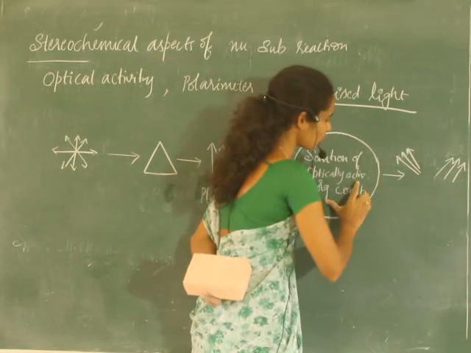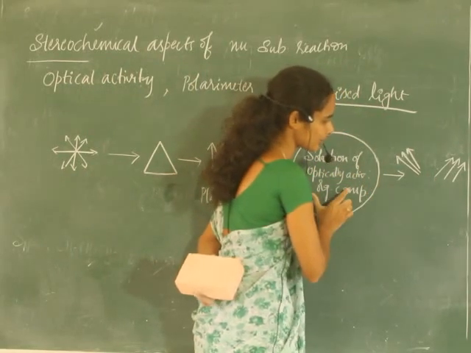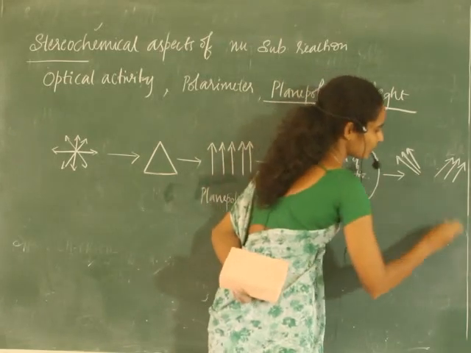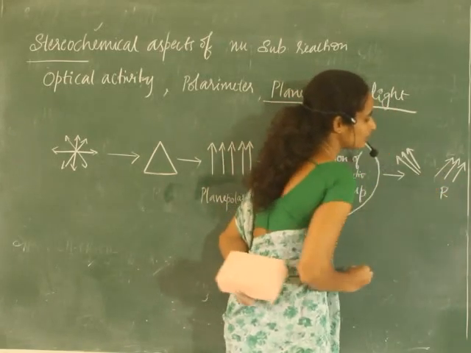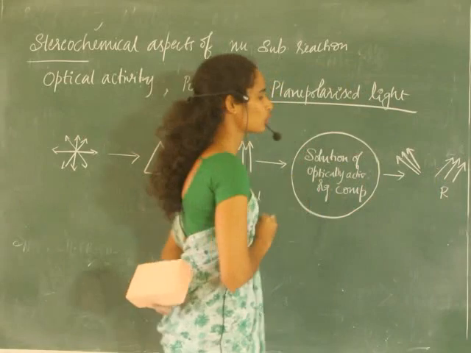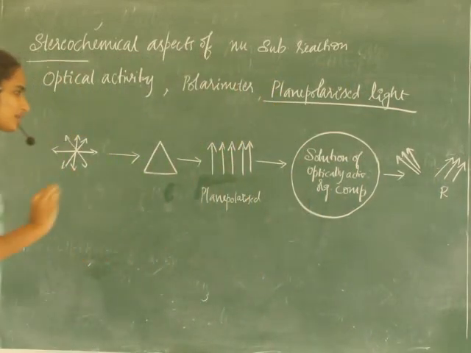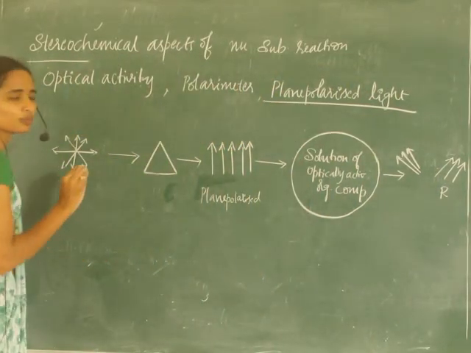If a compound rotates plane polarized light to the right side, it is called dextrorotatory. Dextro is a Greek term; dextro means right.